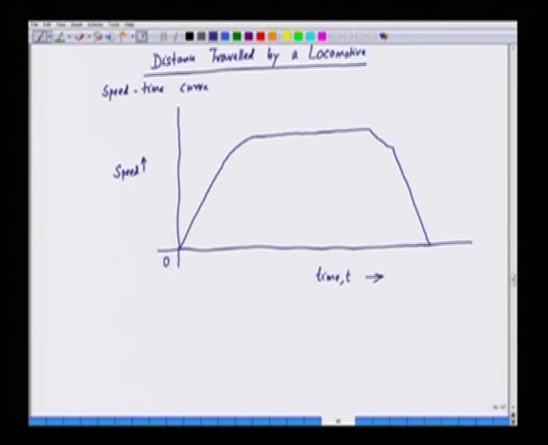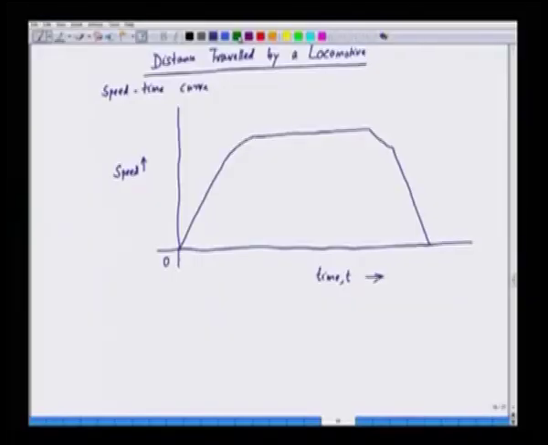This is a curve which is very well known, but to analyze this we will make some approximation. The approximation is as follows. This can be approximated to be a trapezoid. If you approximate this to be a trapezoid, the calculation will be simple. So, what we do here is the following: we extend this, and then we take an equivalent speed in this case, and again we extend this.